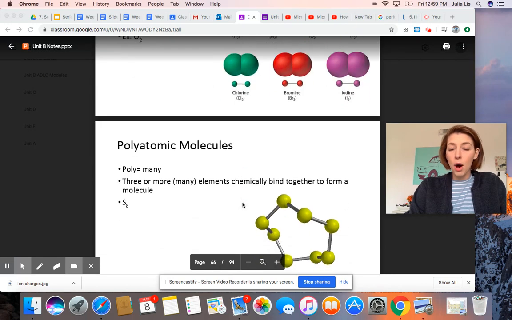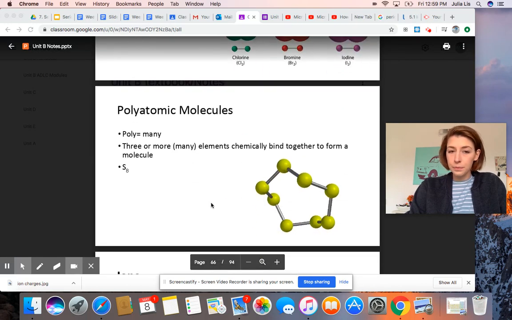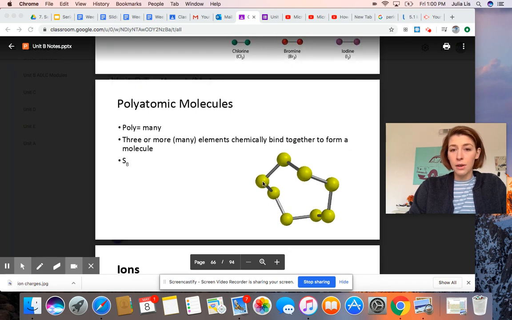Then we have polyatomic molecules. A common one that you would see in grade 10 is sulfur. Sulfur doesn't like to sit all by itself, so it likes to sit in a group of 8. So you're going to see that there are 8 atoms of sulfur all bound together, and that's represented by that subscript here.